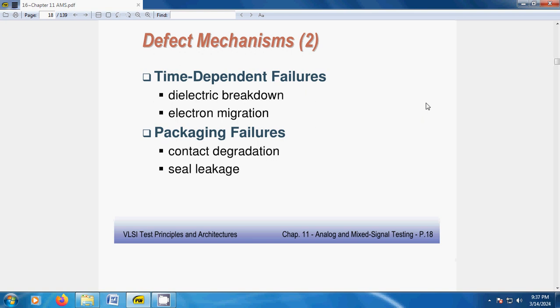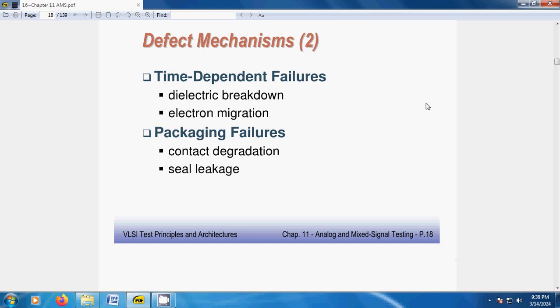So the actual wire width changes from 20 nanometer to 15 nanometer. What happens? It changes the resistance of the line. Since a large number of electrons need to move through a smaller width, it creates more resistance than the ideal resistance. So these are the examples for time dependent failures.